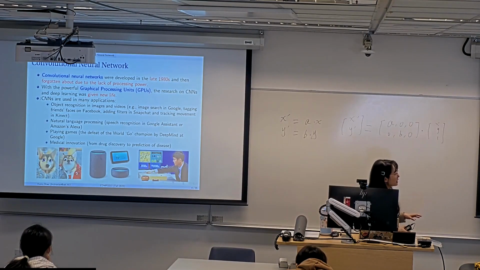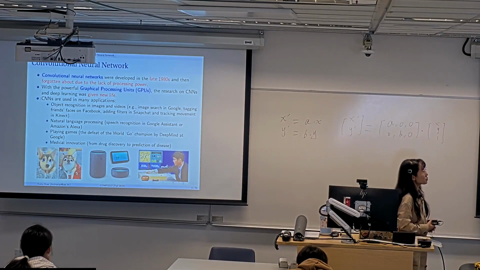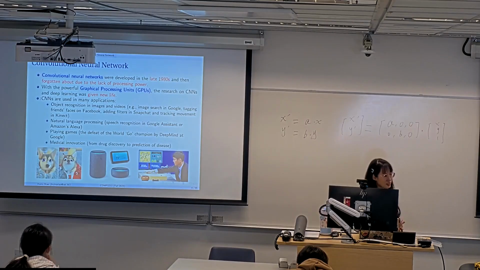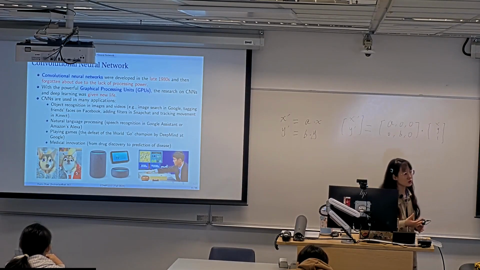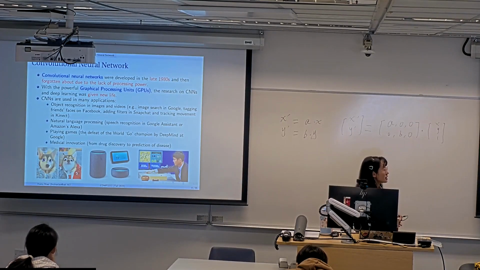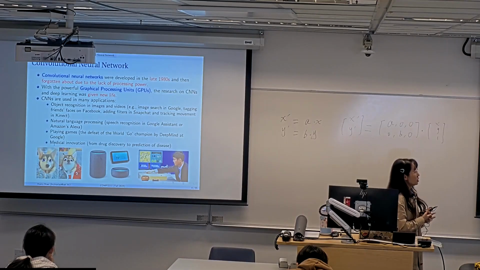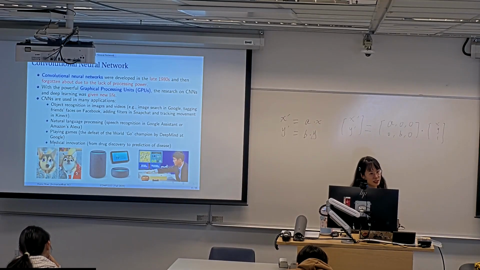Natural language processing can also use CNN, like speech recognition in Google Assistant or Amazon's Alexa. CNN can also be used to play games, like the defeat of the World Go champion by DeepMind at Google. They also leveraged CNN techniques. And they are also used in medical innovation, from drug discovery to prediction of disease. So CNN is already in wide applications nowadays.